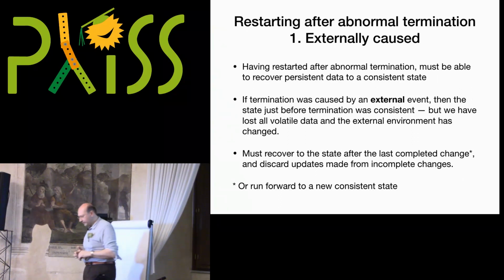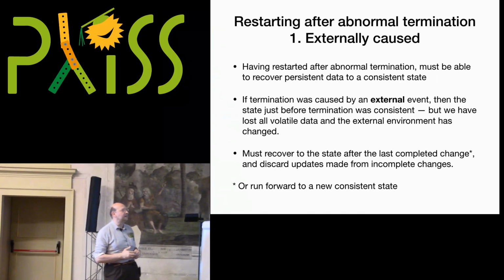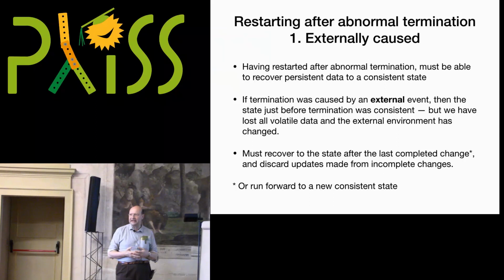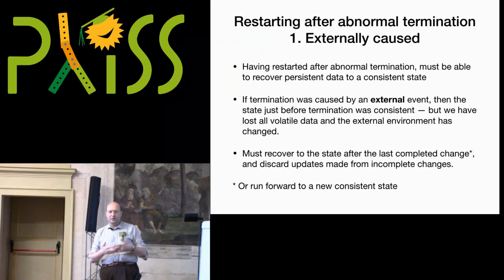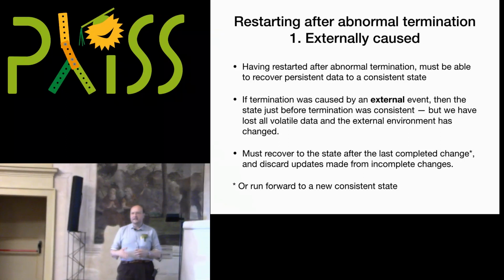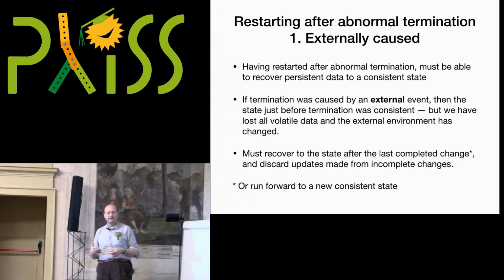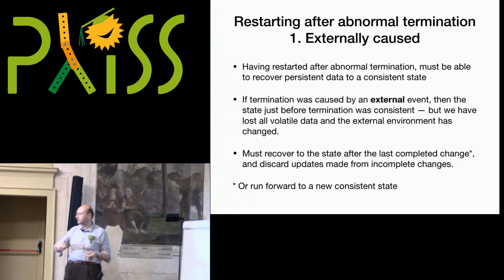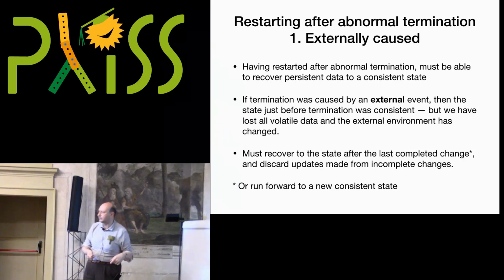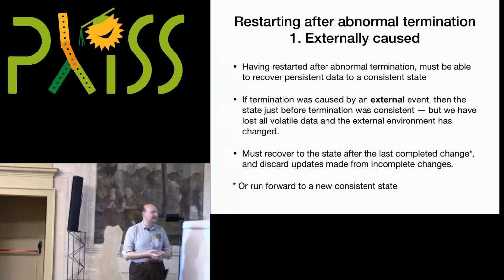What kinds of things are we going to have to do? Well, imagine we have the case where we've had abnormal termination, and we have a chunk of persistent memory that was attached to a running process before. Now, if that abnormal termination was externally caused, so it was because the power failed, or the operator hit Control-C at the wrong time, then generally speaking, just before the termination, everything was going fine, right?